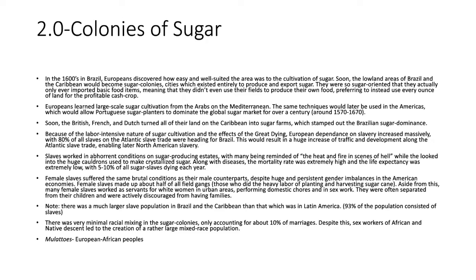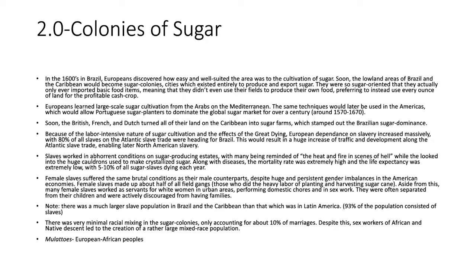They were so sugar oriented that they only ever imported basic food items and necessities, meaning that they didn't even use their fields to produce their own food, preferring instead to use every ounce of land for profitable cash crops, which is sugar.